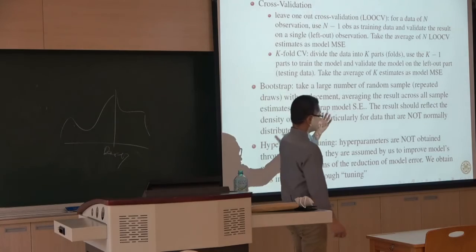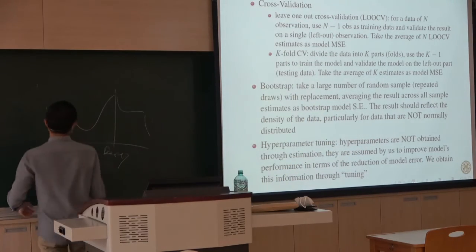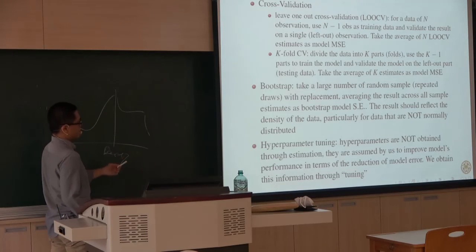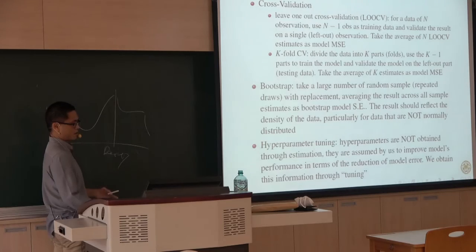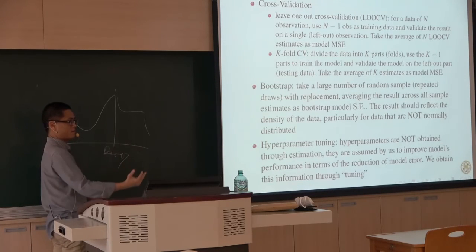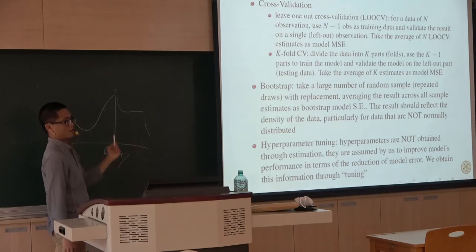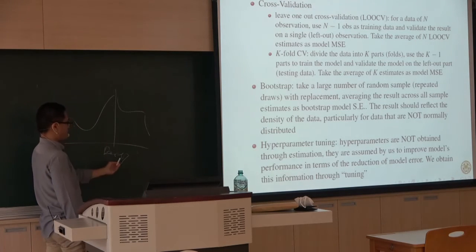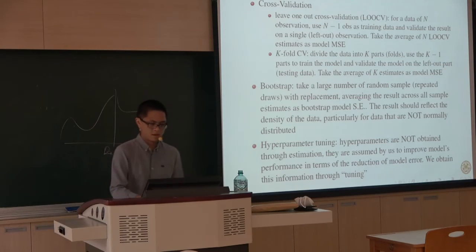That would be useful when the data we're working on are not normally distributed, like this one. So this is better than our sampling method. Our sampling method only relies on one draw of n samples, while this relies on n draws of n samples, so it should help us detect the density distribution of the data.